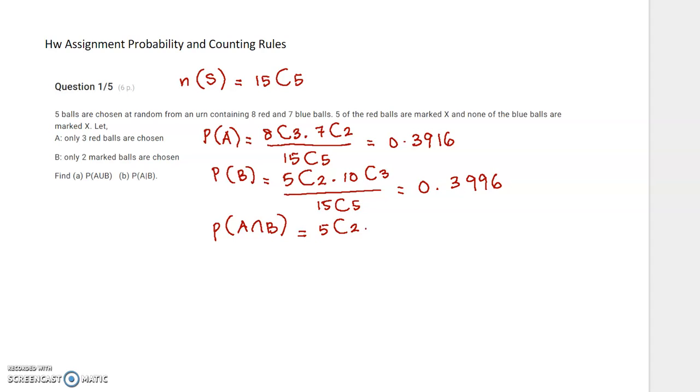So you only need how many? Out of 3 red balls, you only need 1 more.